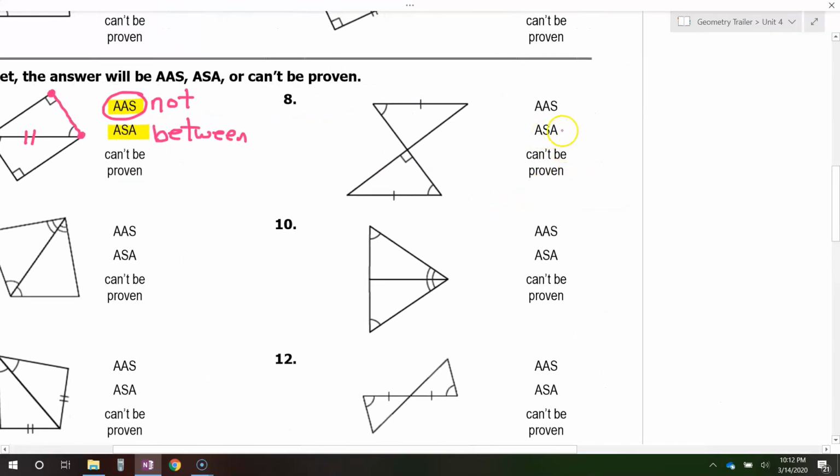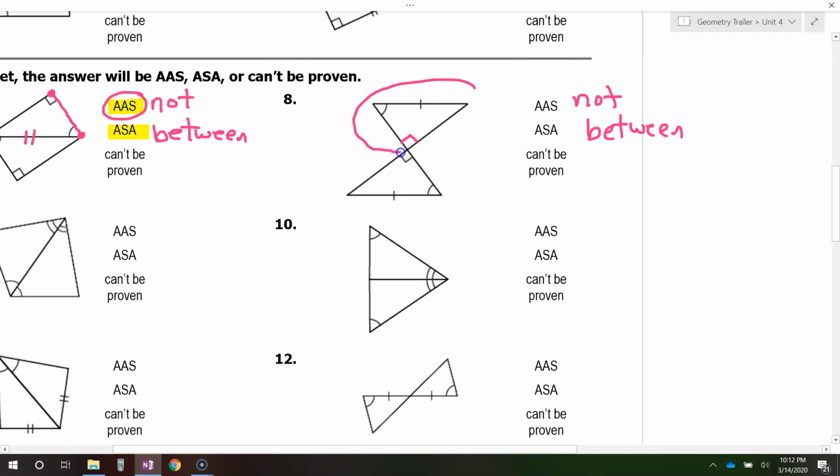Problem number 8. Okay, again, we'll pick the second one if the side is between the two angles. We'll pick the first one if the side is not between. But first, we got to do vertical angles. So, kabam, these two angles will be congruent. Now, let's focus on one triangle at a time.